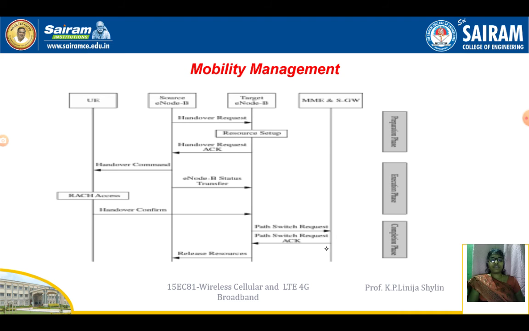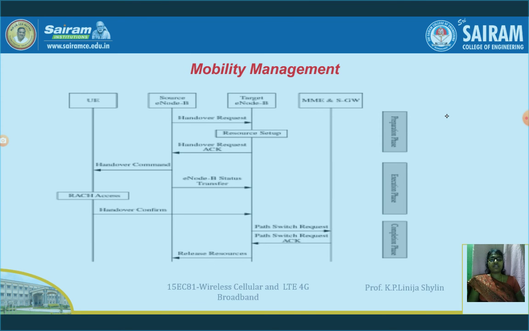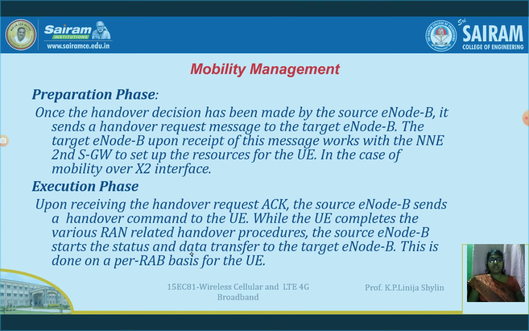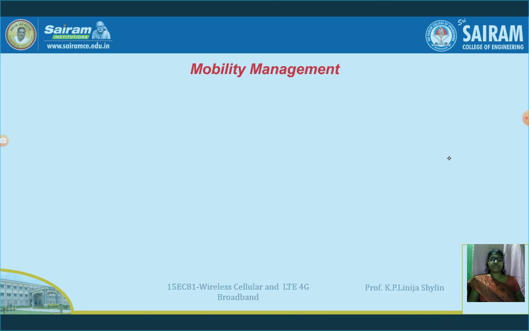After that, the gateway gives one acknowledgement to release the resources. Once the target eNodeB receives the acknowledgement from the gateway, the resources will be released. This is done on a per radio bearer basis for the user equipment.